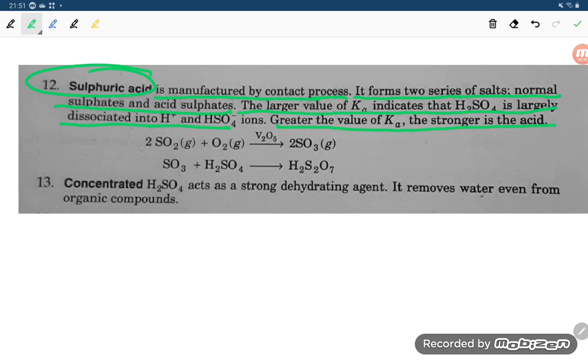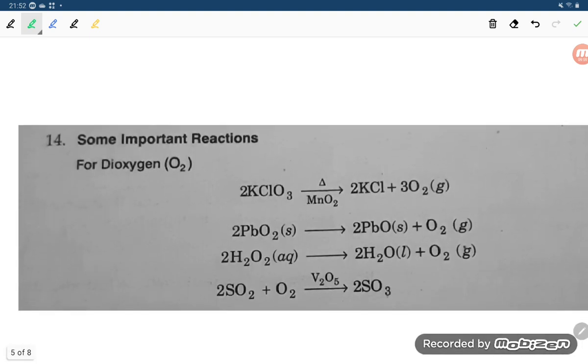The first step is SO2 converting into SO3 with the help of vanadium pentoxide. SO3 dissolved in H2SO4 gives oleum, H2S2O7. Concentrated H2SO4 acts as a strong dehydrating agent. It removes water from organic compounds also.